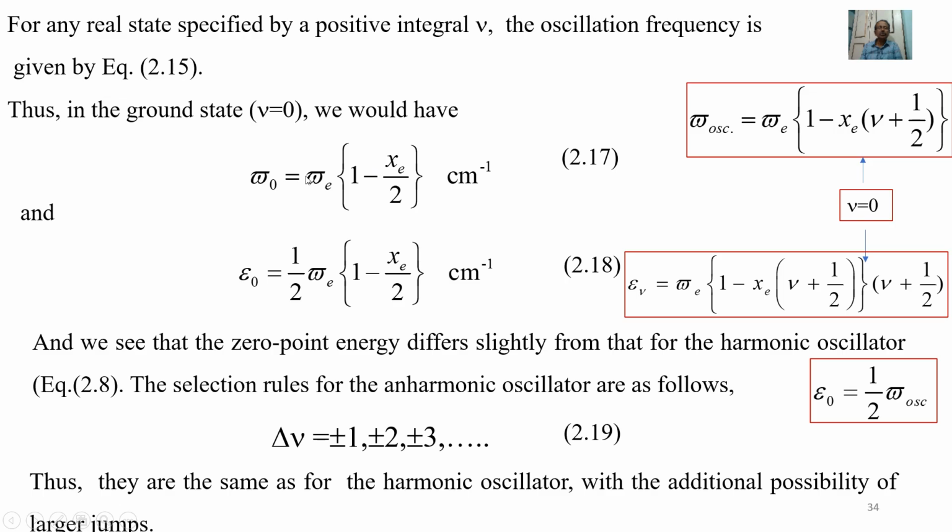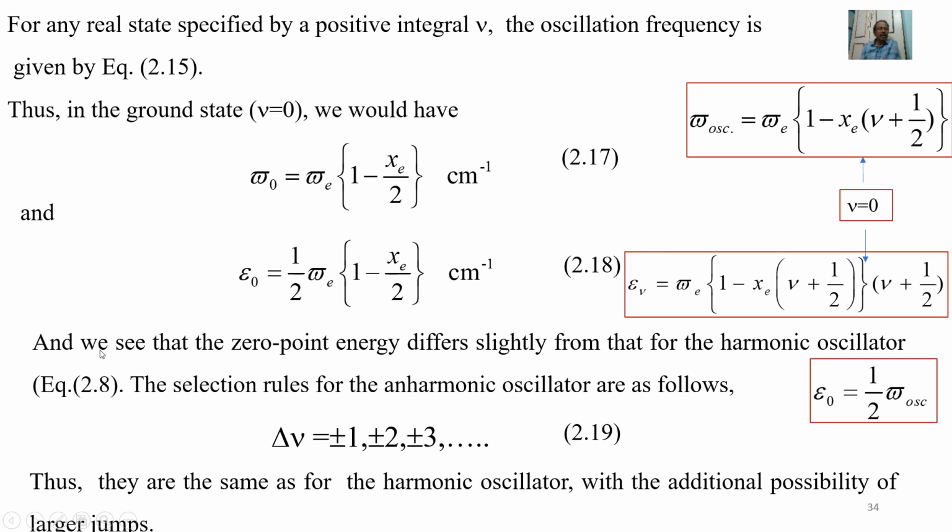So omega 0 is equal to omega E times 1 minus xe by 2. Similarly, the vibration energy is given by this expression; substituting nu equals 0, we have epsilon naught equal to 1 by 2 omega bar E times 1 minus xe by 2, measured in centimeter power minus 1.